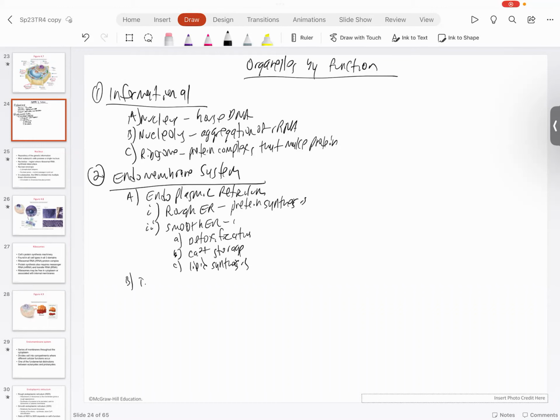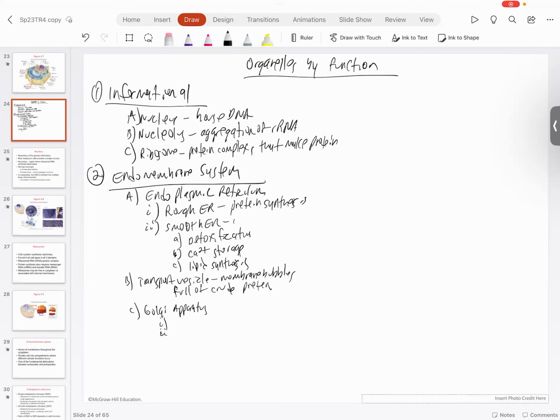Then from there, we're going to basically take a look at transport vesicles. These guys are basically membrane bubbles full of crude protein. So they're going to the next stop. The next stop would then be the Golgi apparatus, which basically does 3 main things.